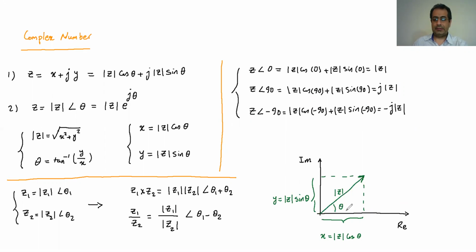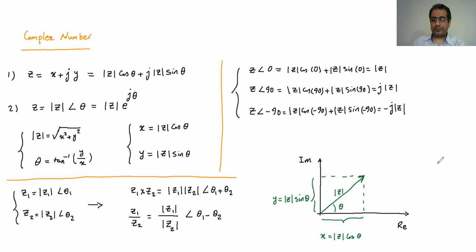So x is the horizontal part, and the y-axis is the imaginary part. Assume I have the complex number shown as a vector with the length of z and angle of theta. So these are what we see here.